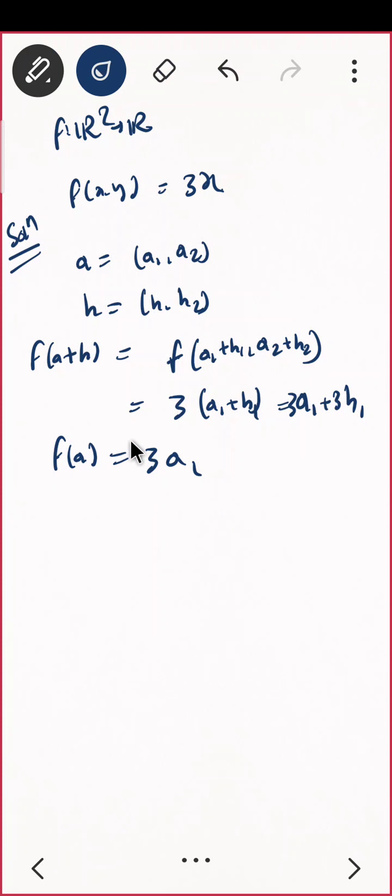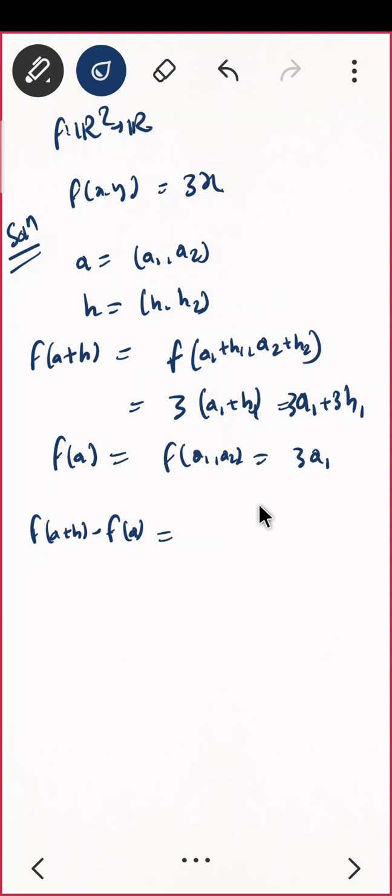You just need to make sure that f of a1 a2 is equal to 3a1. Now what is their subtraction? f of a plus h minus f of a. Yes, it is 3a1 plus 3h1 minus 3a1. That is giving me what? 3h1.